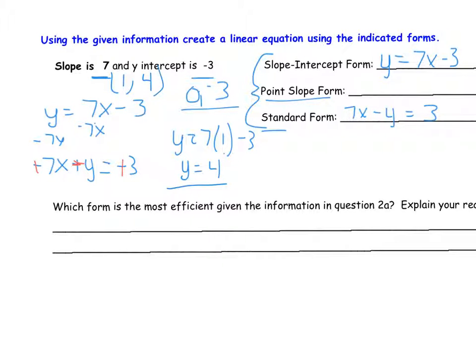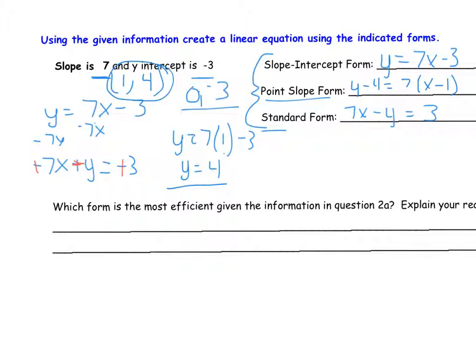So point slope form would then be y minus 4 equals, where's my slope again? 7 times x minus 1. But you could have chosen any point.